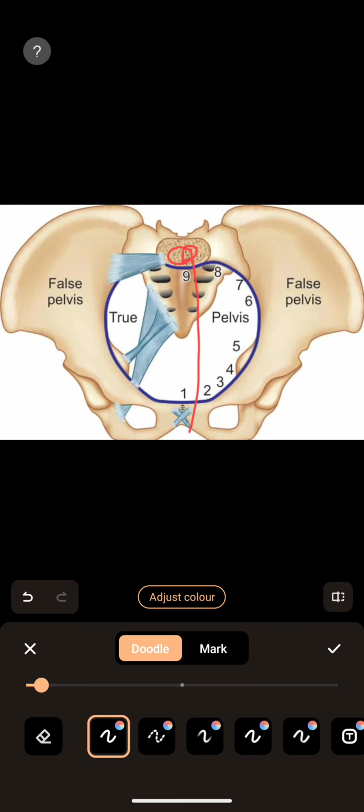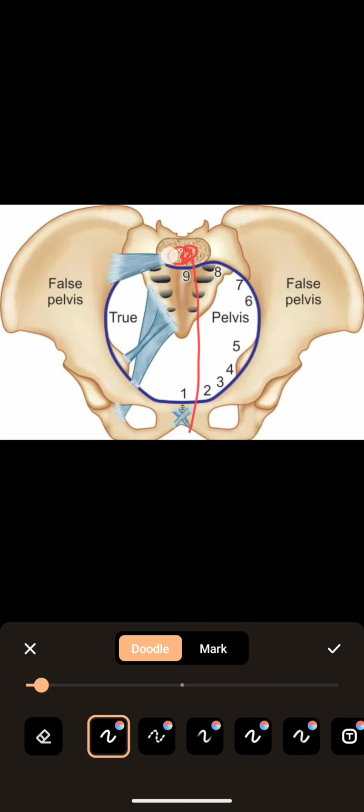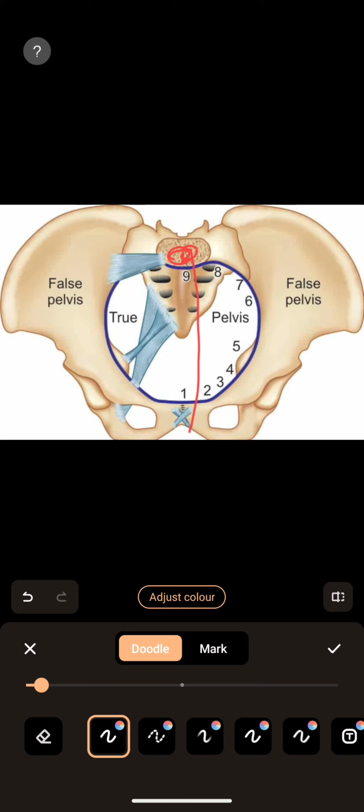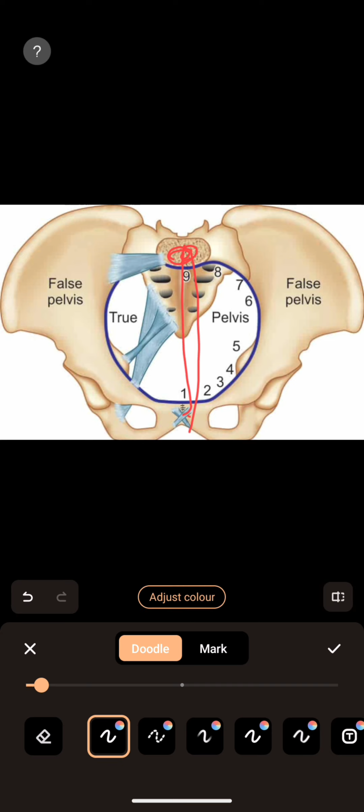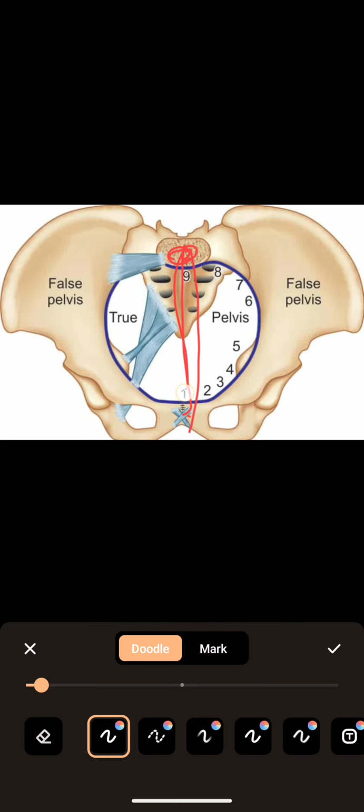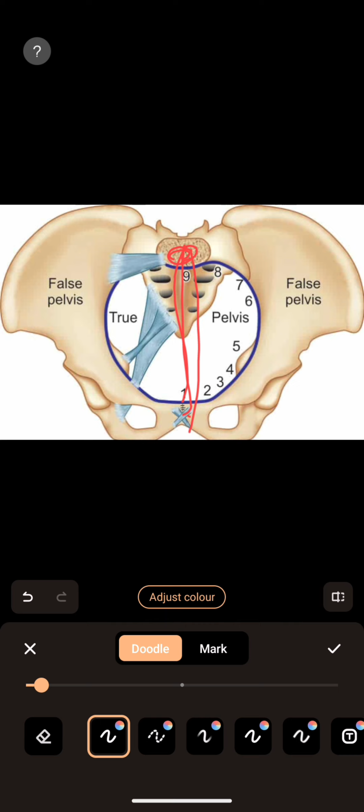It is the distance between the midpoint of the sacral promontory to the prominent bony projection in the midline of the symphysis pubis. The last one is the true conjugate. It extends from the midpoint of the sacral promontory to the top of the symphysis pubis. So there are differences in these diameters.